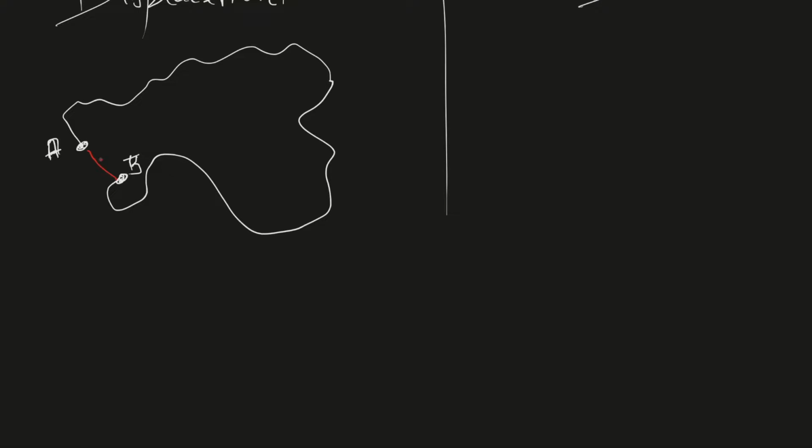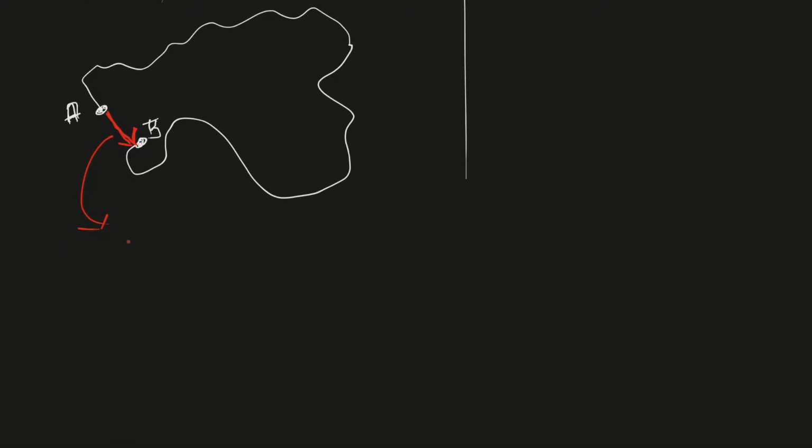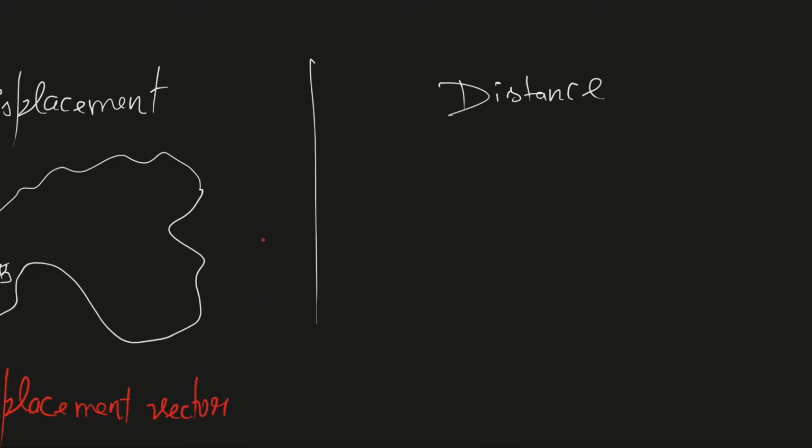We represent it by an arrow. This is the displacement, the shortest distance between the starting and ending point of your journey. This is the displacement vector. All vector quantities are represented by vectors, and we will discuss in more detail how to represent vectors.